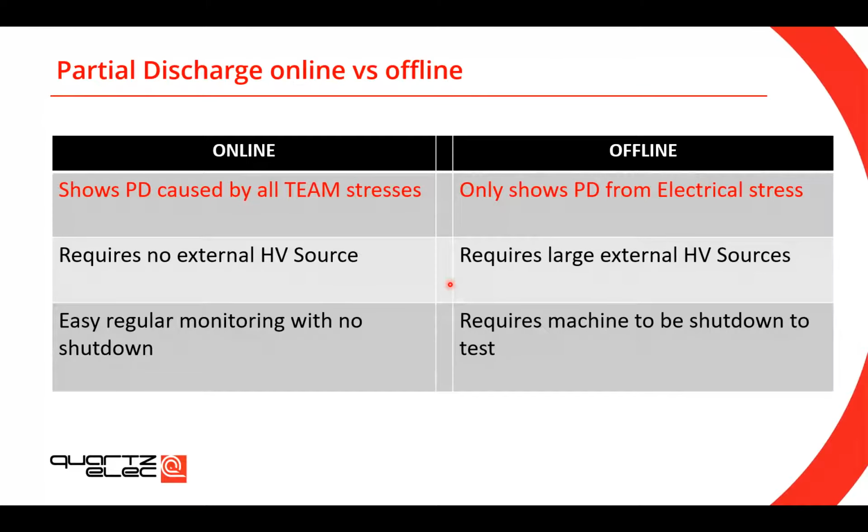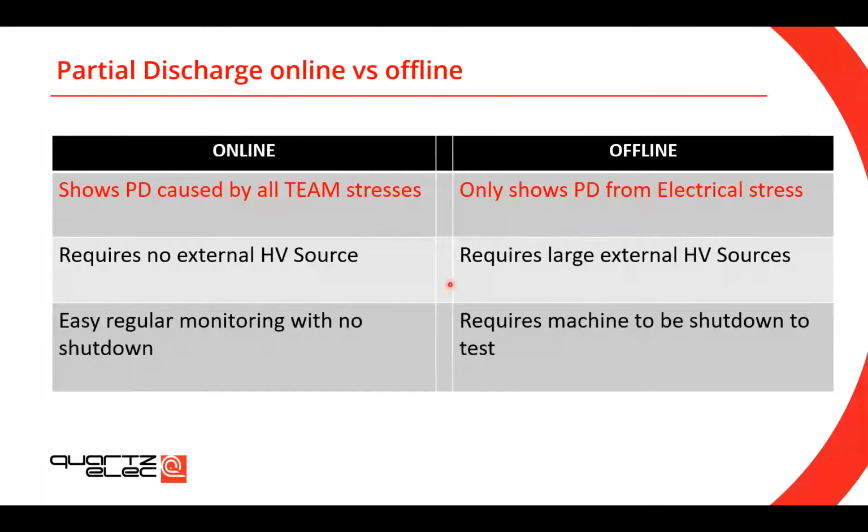That's it. If you, however, perform an online test, you have the influence of the TEAM stress: thermal, electrical, ambient, mechanical, and temperature, that will obviously influence the value of the partial discharge. So you could argue whether the offline test gives you a full picture.